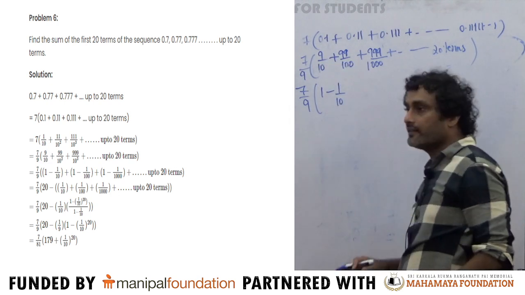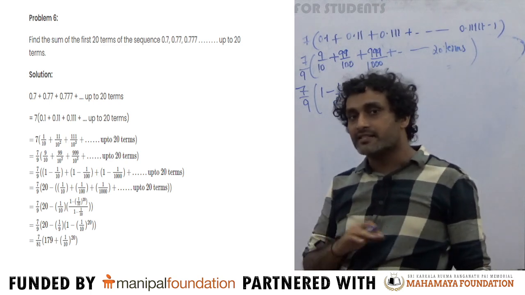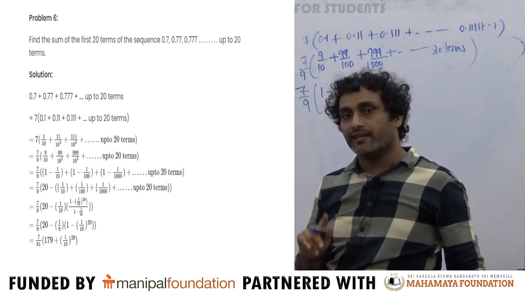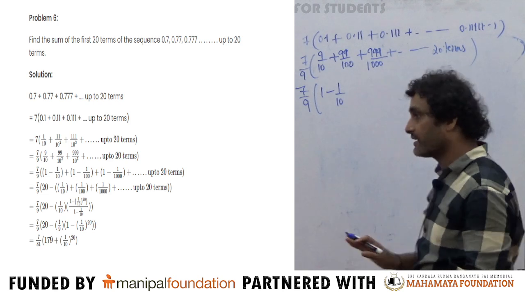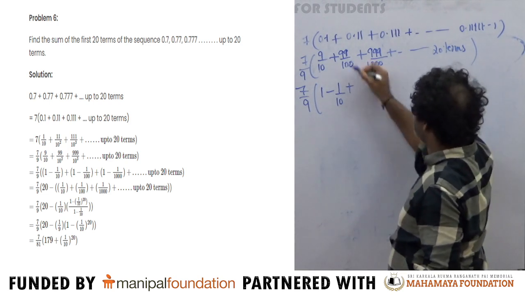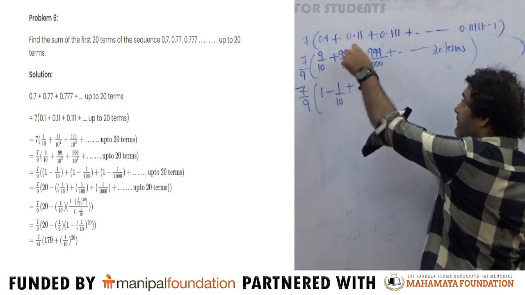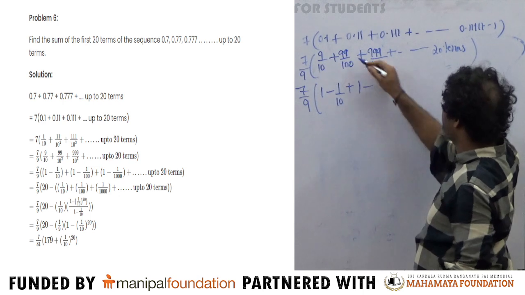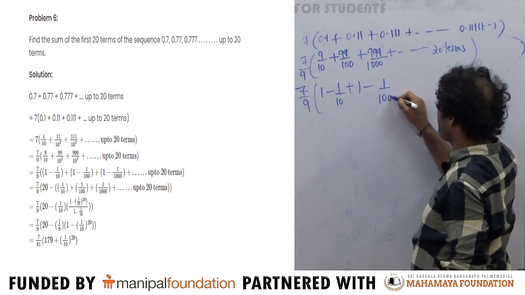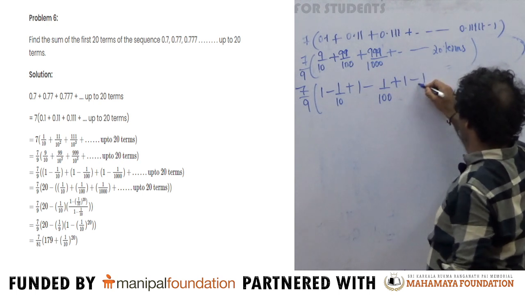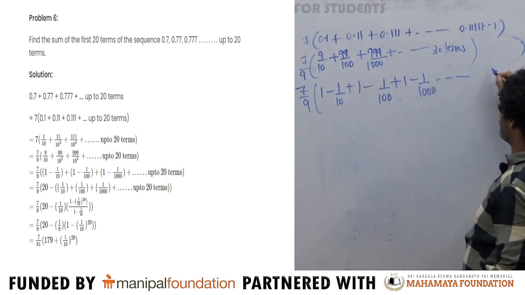Are you getting it? 9 is 10 minus 1. Split and divide: 10 by 10, 1 minus 1 by 10. Plus, this one I can write as 100 minus 1, 100 by 100 is 1 minus 1 by 100. Next it will be 1 minus 1 by 1000 and so on up to 20 terms.